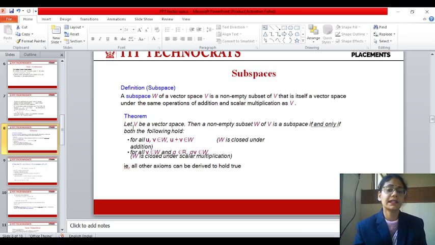Now let V be a vector space, then a non-empty subset W of V is a subspace if and only if it is closed under addition and scalar multiplication. This means that if I add any two vectors from the subspace, the resultant will also be an element of it. If I multiply any scalar number with a vector, the resultant will again be an element of the subspace. So any subset of a vector space that satisfies these two conditions is known as a subspace of the vector space.